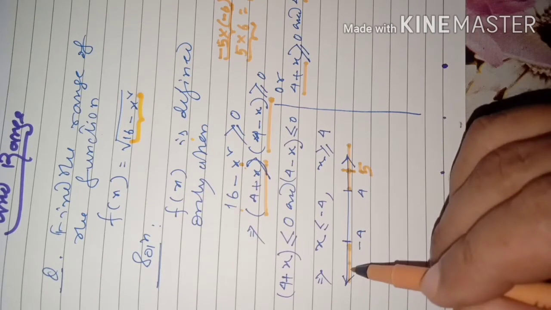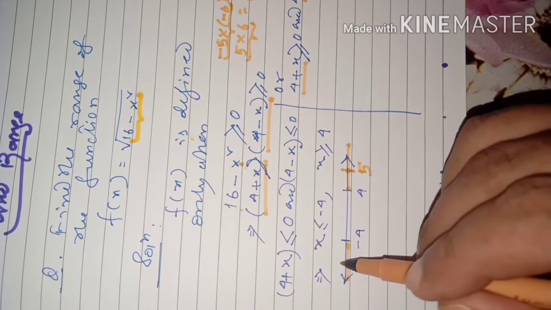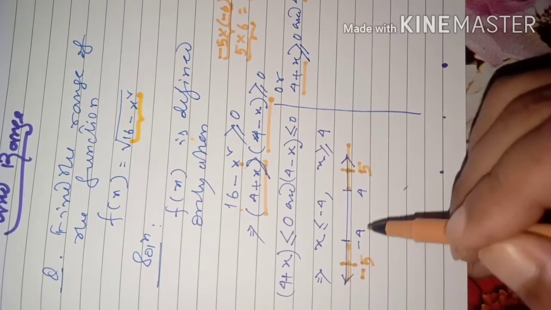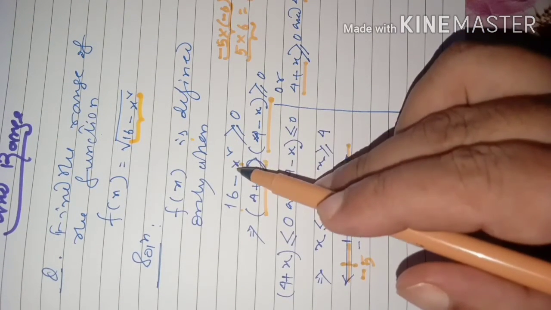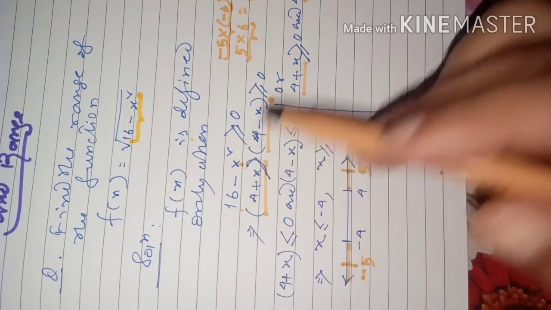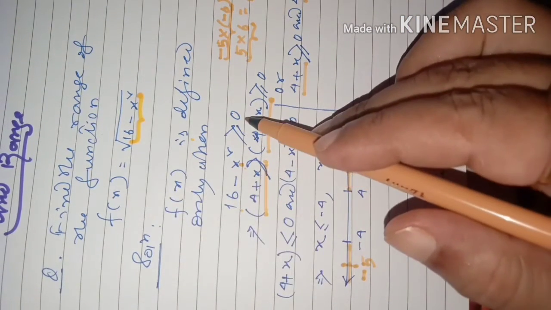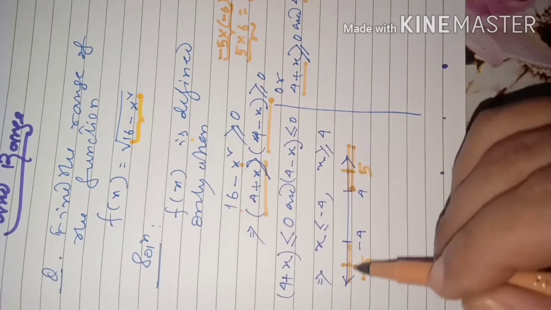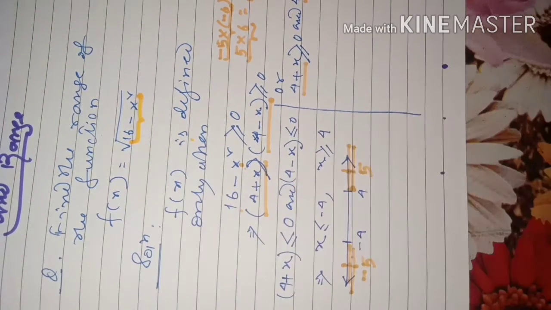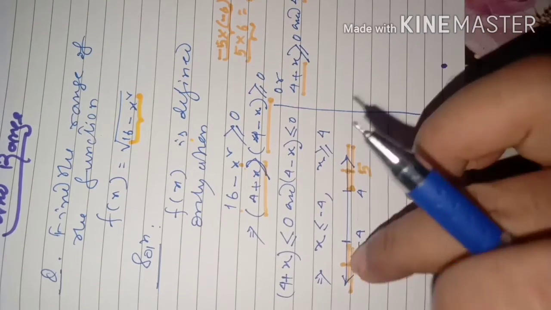Then if to the left hand side of minus 4 we pick any number, say I take minus 5 for x, minus 5 square will give 25, 16 minus 25 is again minus 9, which is not greater than 0. That means this part of the set and this set will not satisfy our condition. That is, the domain cannot be this one and this one.